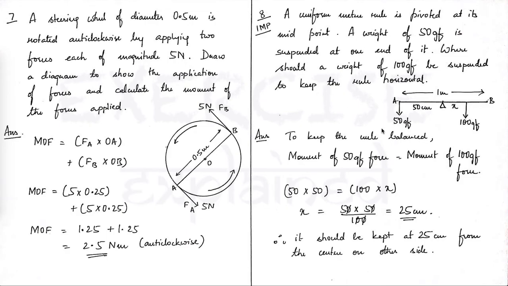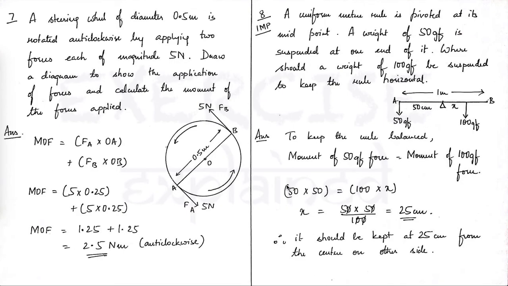So what we do is, since it is in gram force, I did not consider converting it to SI unit. So I continued with gram force centimeter only. And the answer was also given in centimeters in the textbook. So 50-gram force is acting at a distance of 50 centimeters.